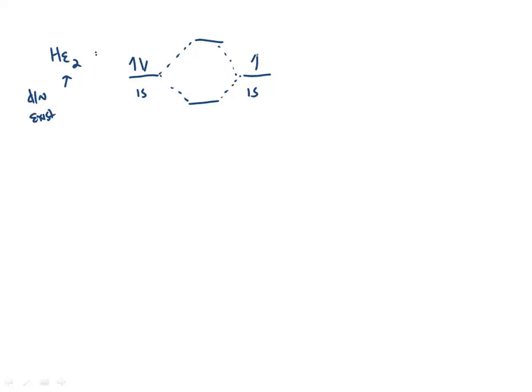So when I fill the molecular orbitals, they're both filled. Then my bond order is equal to 1/2 of 2 minus 2, which is just 0, which predicts no bond. What do we expect for helium? No bond. We know that helium doesn't make a diatomic molecule, so we're pretty happy.